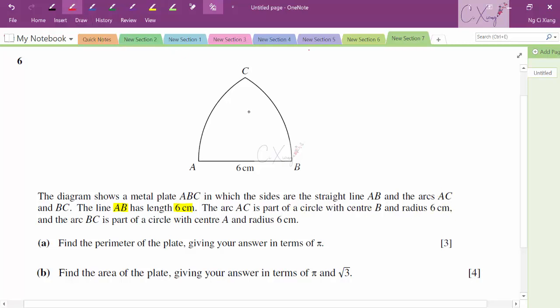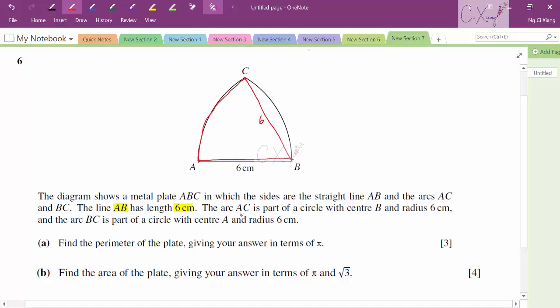So from here you know that the arc AC is a part of the circle with center B. That means arc AC with B is actually a sector. And we know that this is 6 cm. Therefore, the straight line CB is also 6 cm, according to the question.